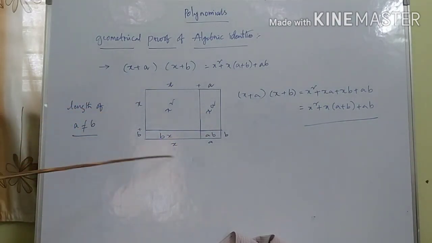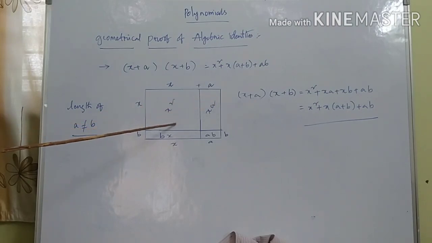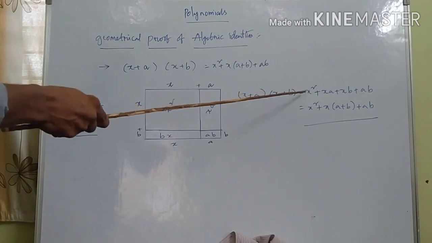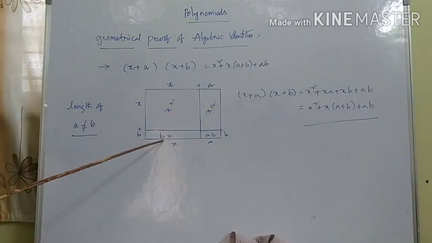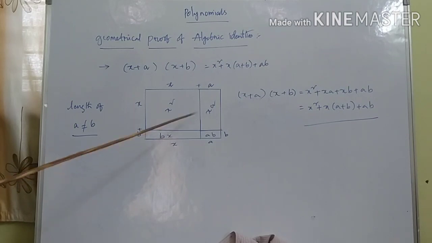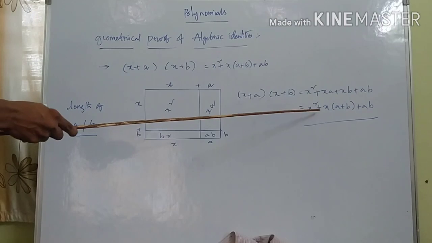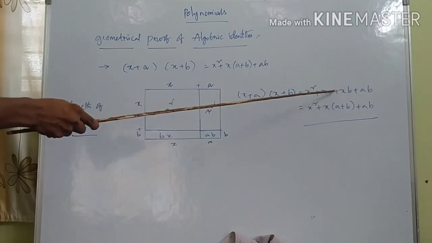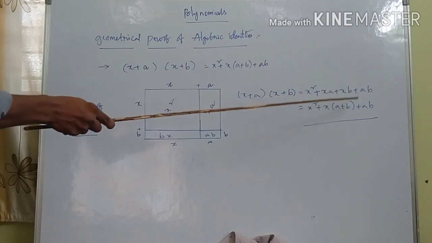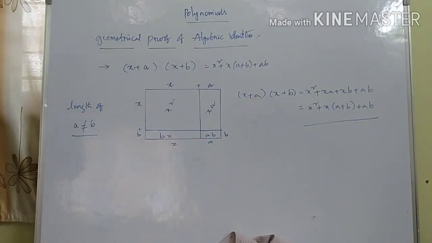So the area of the total rectangle is the summation of one square and three rectangles, that is x square plus ax plus bx or xb plus ab. So x square plus, here x is common, x into the remaining terms a plus b, plus ab. This is the final result.